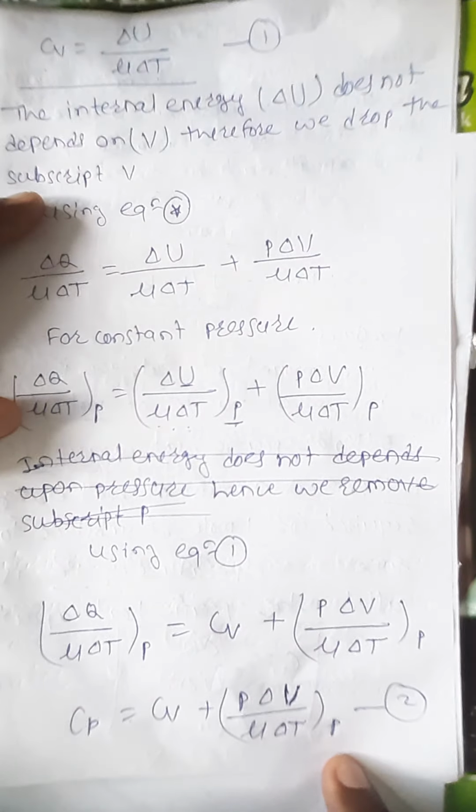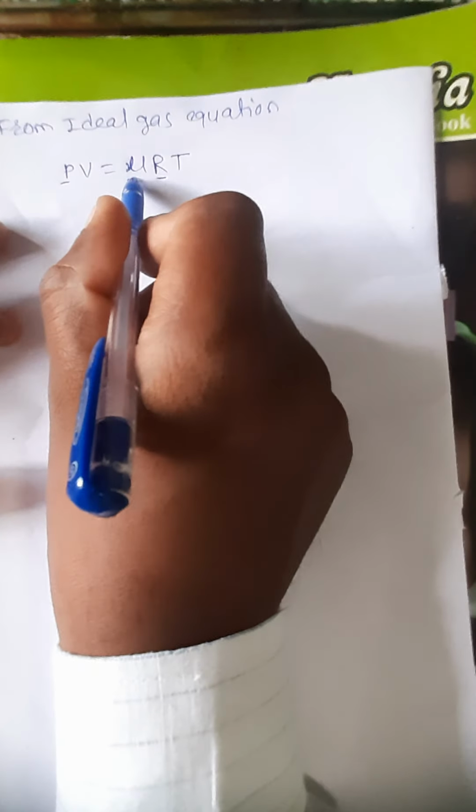Here mu is a constant, R is a constant, and pressure is also constant. When pressure is constant, mu is constant, R is constant, the only change is volume.